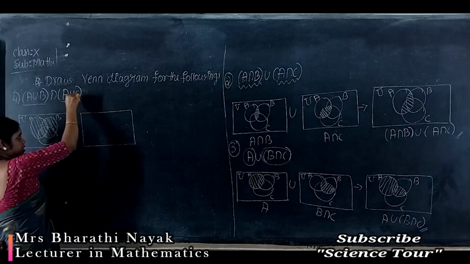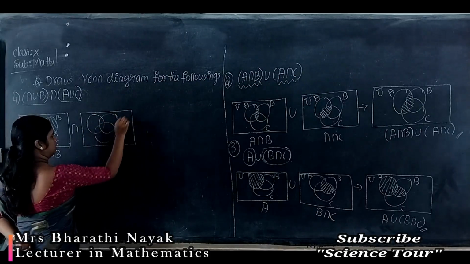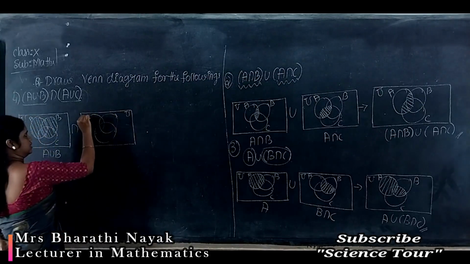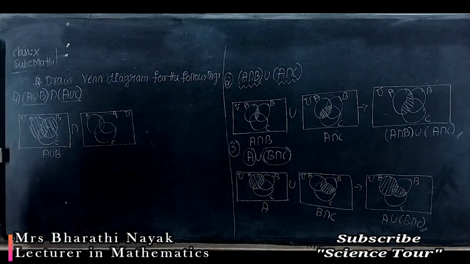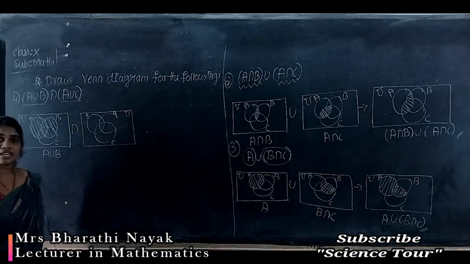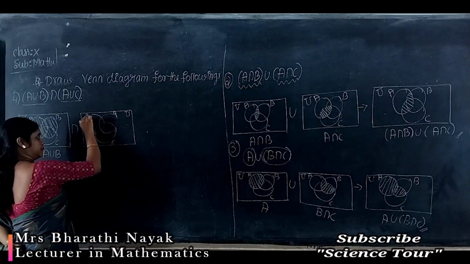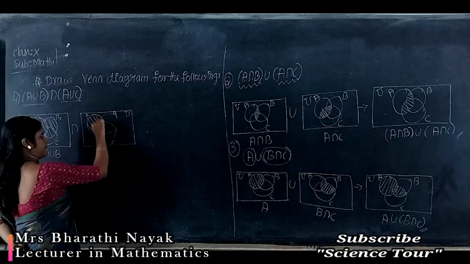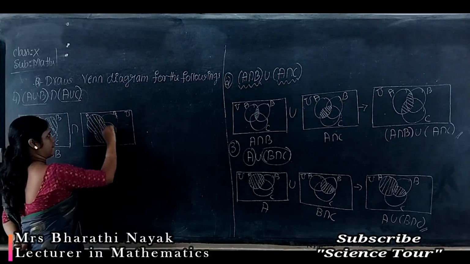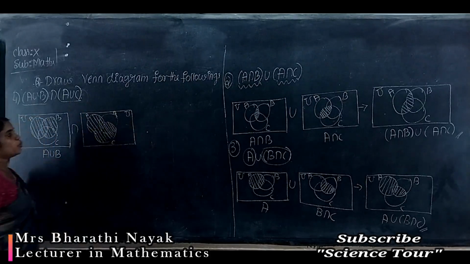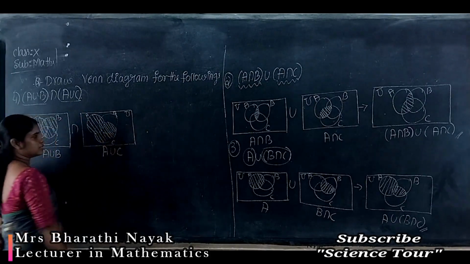A union C. So this is your set A, set B, set C. A union C means for which two circles? A as well as C. Shade. So it indicates A union C.